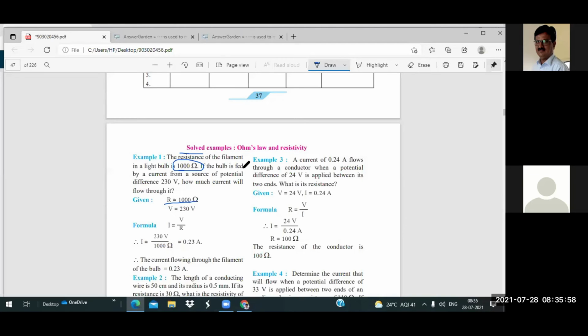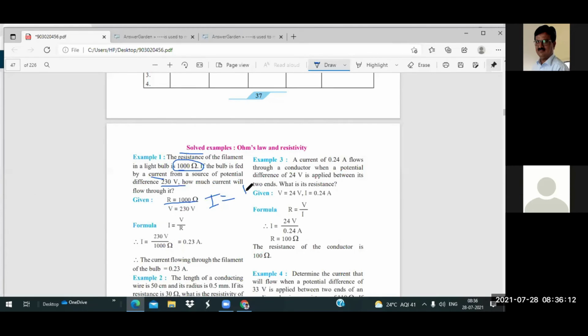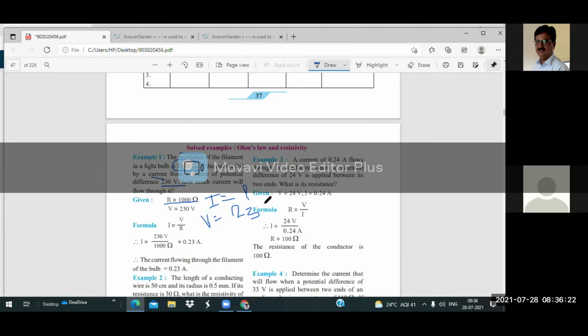If the bulb is fed by current from a source of potential difference 230 volt. So current is denoted by the letter I. The potential difference is V, that is 230 volt. And what is asked in the question?